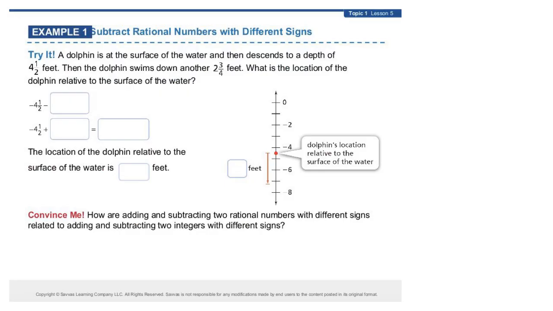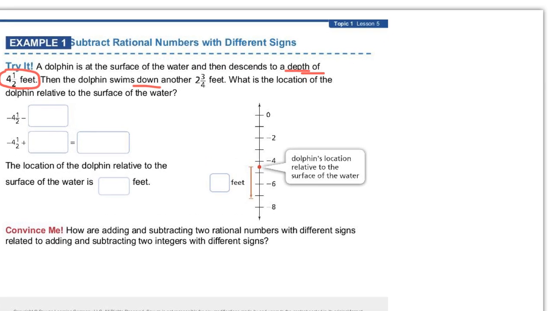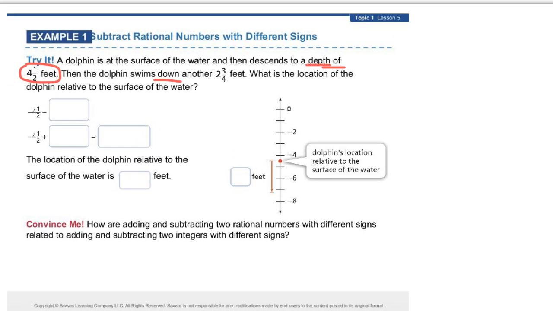This is the try it at the bottom of page 34. And it says, a dolphin is at the surface of the water and then descends to a depth of 4 1/2 feet. So that means that the dolphin is underwater 4 1/2 feet. Then the dolphin swims down another 2 3/4 feet.